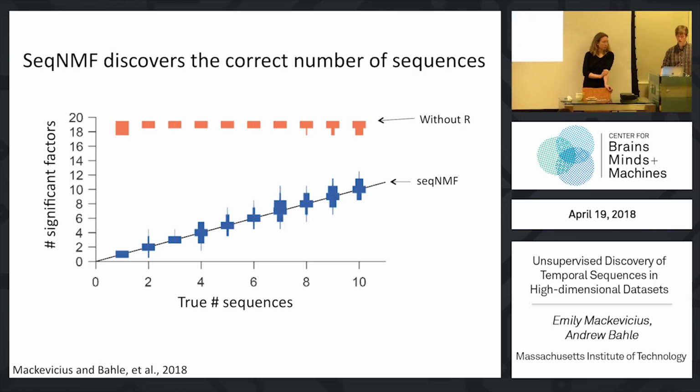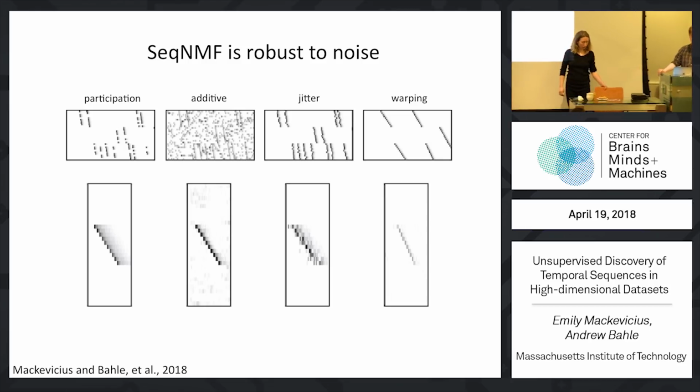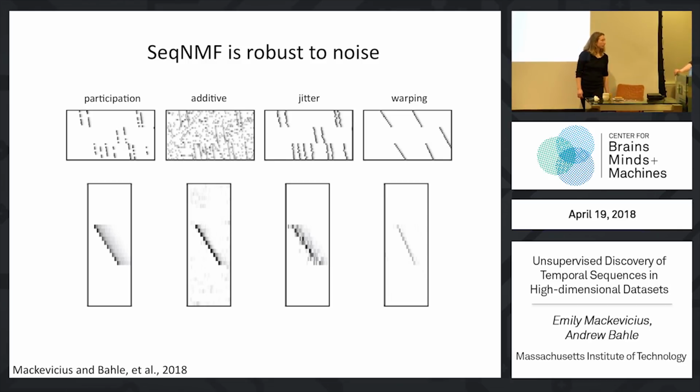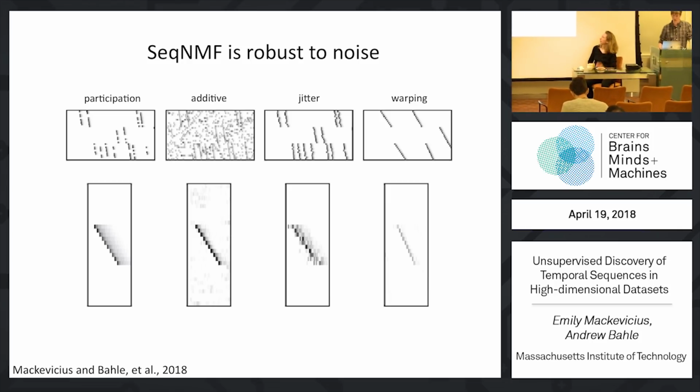Okay, so we also wanted to test this algorithm on model data that had a few different types of noise that we expected to see in neural data. Here I'm going to show on the top just a snippet of the data that a factorization was fit on, and then below is an example factor that was extracted.